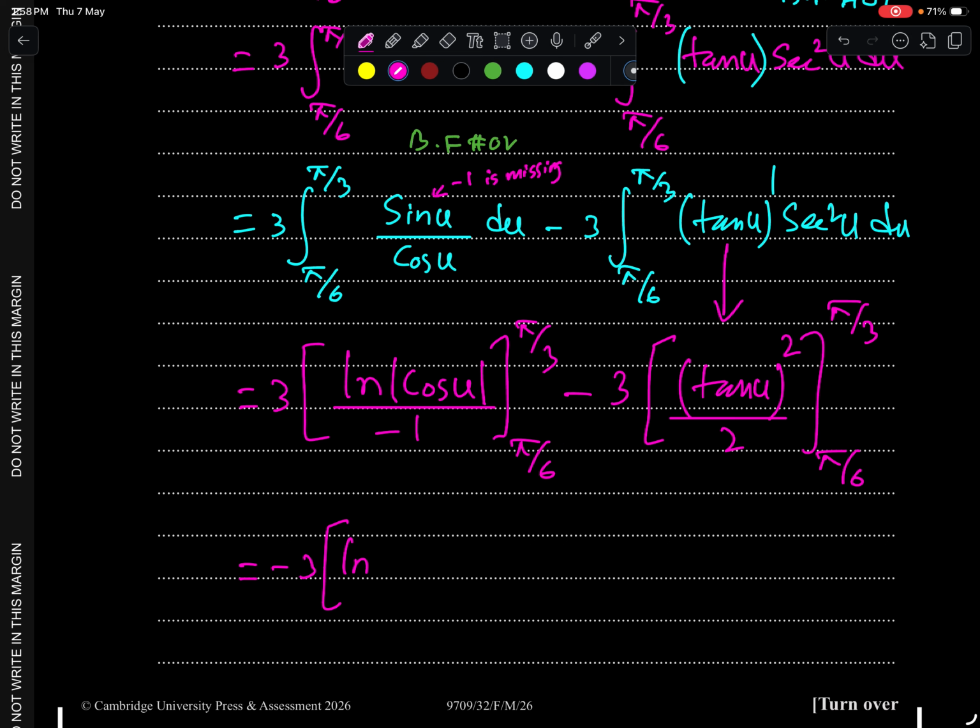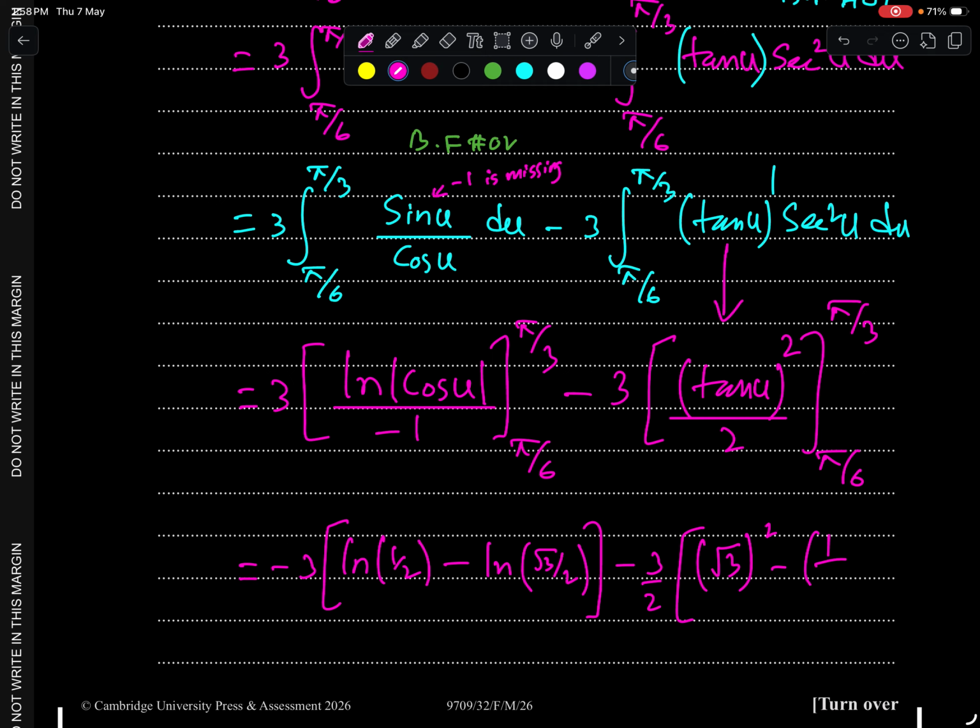ln, when we will apply pi by 3, cos pi by 3 is half, so ln half. Cos pi by 6 ln is root 3 upon 2. This is minus 3 upon 2. Tan pi by 3 is root 3 square.